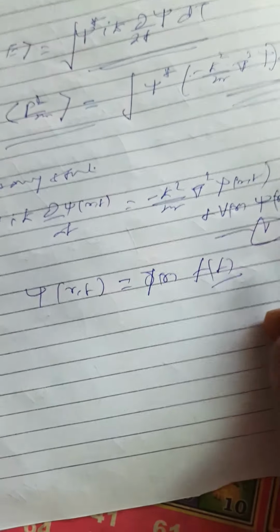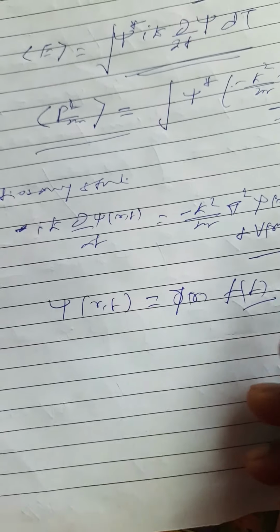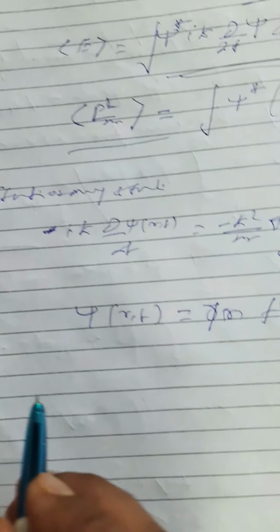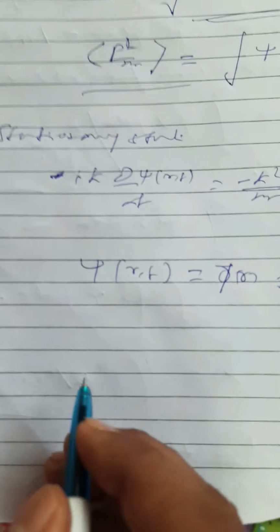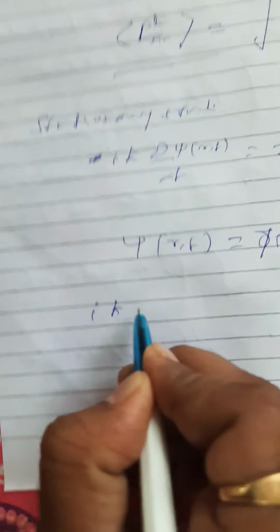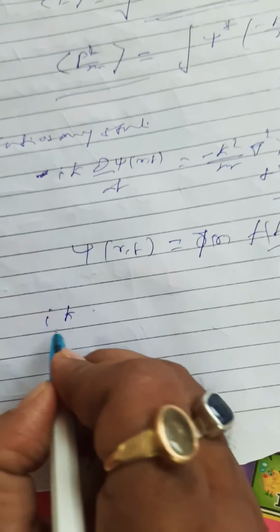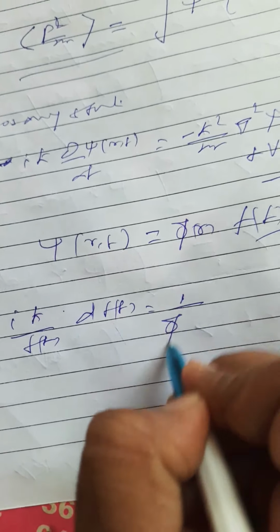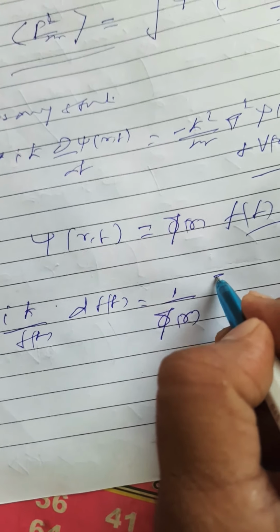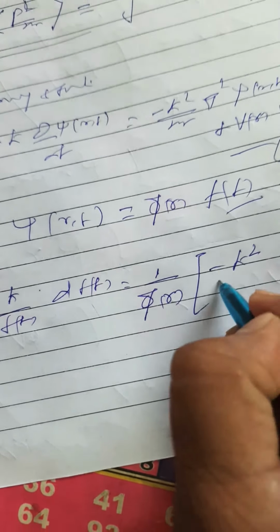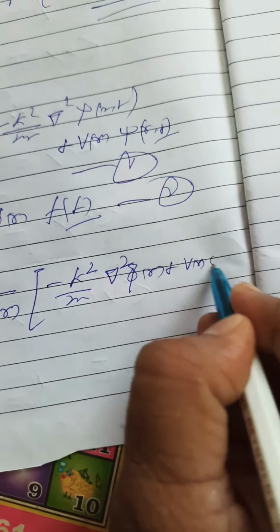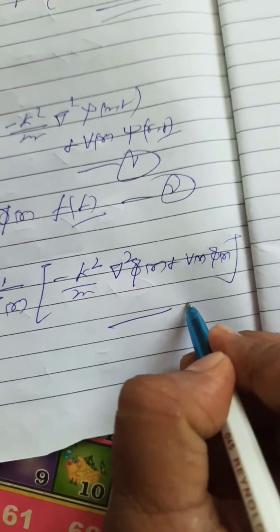Substituting equation number 2 in the above equation and dividing both sides of the resulting equation by the product phi of r and f of t, we obtain i h cross by f of t times df by dt equal to 1 by phi of r times minus h cross squared by 2m del squared phi of r plus V of r phi of r. So this will be equation number 3.